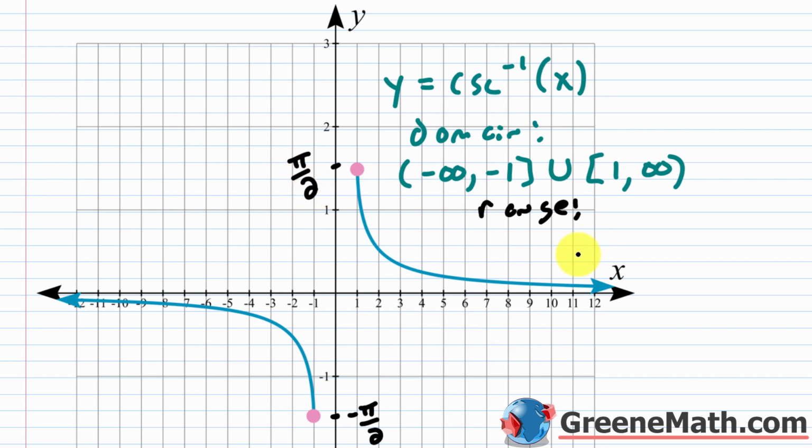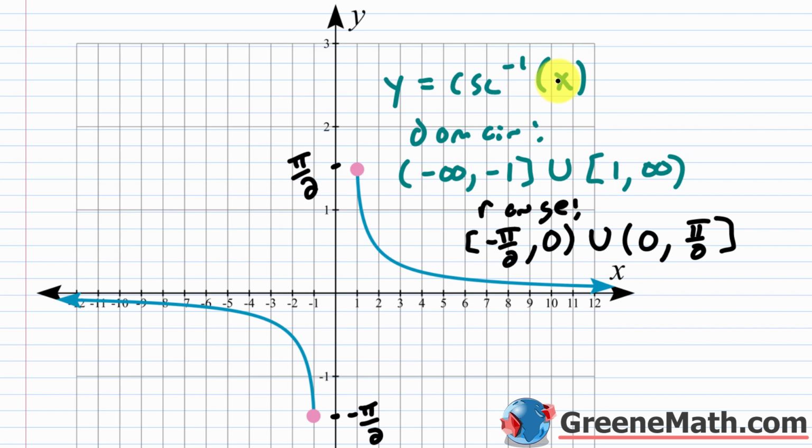So for the range, you're going to say from negative pi over 2, and then you're going to go to 0. 0 will be excluded. And then the union with, you're going to cut 0 off, so it's excluded, and then up to pi over 2, and that's going to be included. So anything from negative pi over 2 to pi over 2, where those endpoints are included, we're just going to exclude 0.